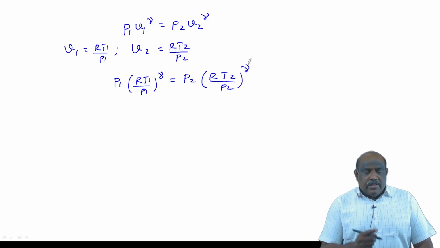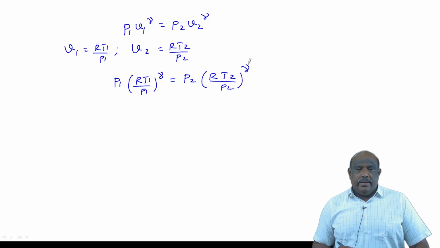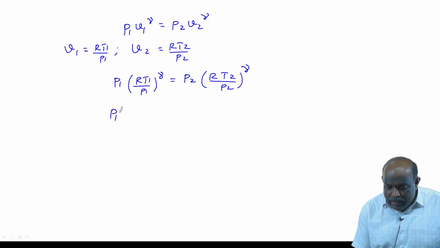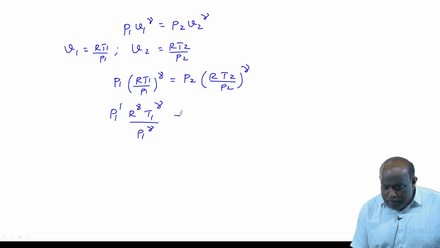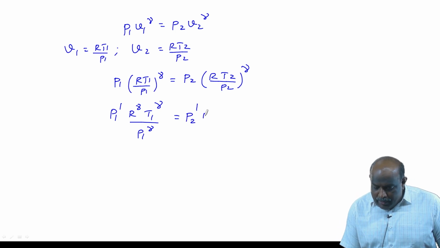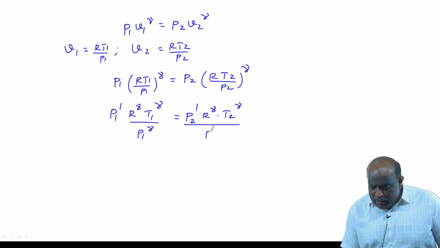Now, what is the power of this P1? Yes, it is 1. So P1 power 1, R power gamma, T1 power gamma, divided by P1 power gamma, equal to P2 power 1, R power gamma, T2 power gamma, whole divided by P2 power gamma.